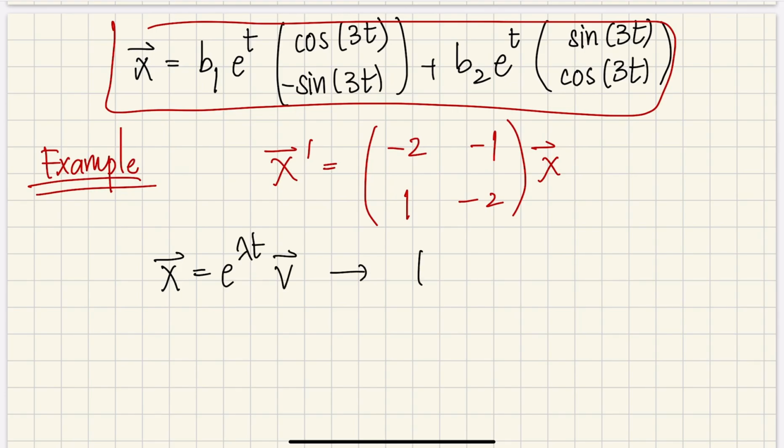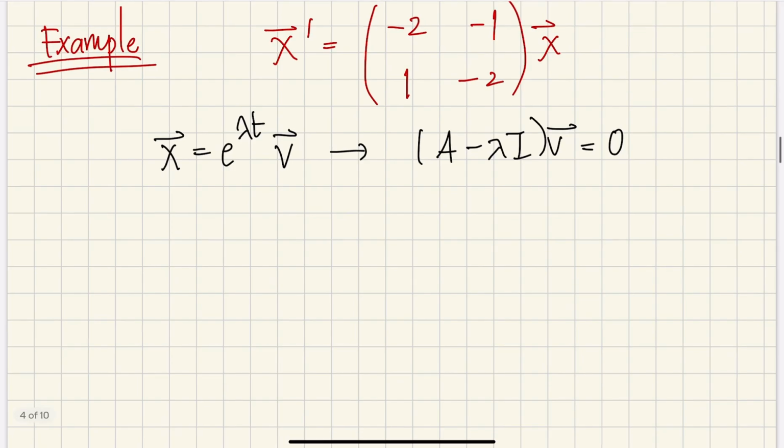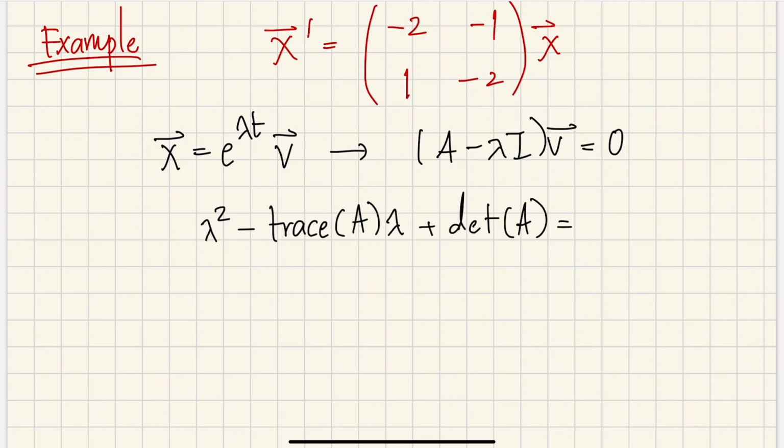And how we find our eigenvalues and eigenvectors is this. So I'm going to use the shortcut to find the eigenvalues, which is this. And here, this is A, the A that we're talking about here.